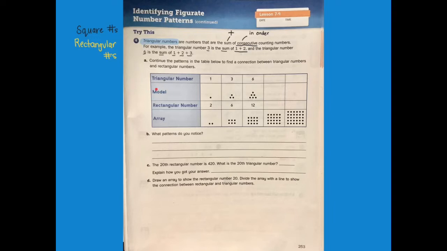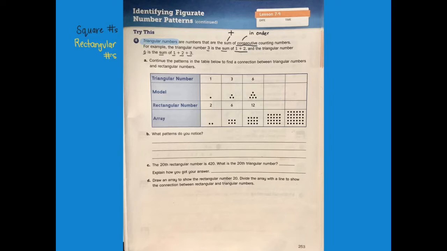Our table also shows a model for the triangular numbers: 1 dot for 1, 3 dots for 3, 6 dots for 6. Just like the arrays we worked with last time, it's a model for these rectangular numbers: 2 dots for 2, 6 dots for 6, 12 dots for 12.